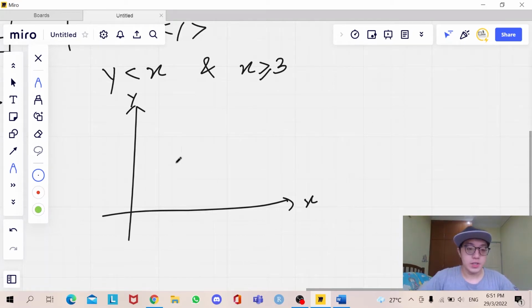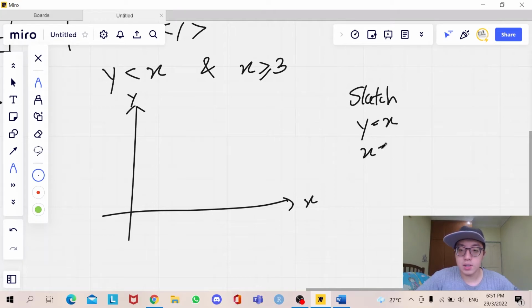Before you graph these, you will need to sketch y equals to x and x equals to 3.